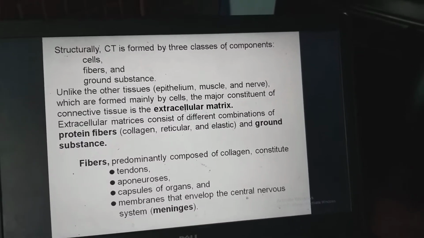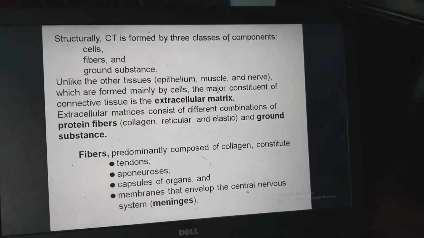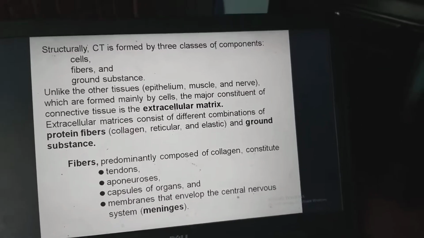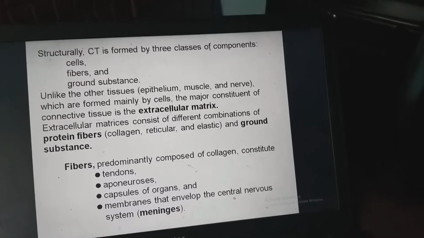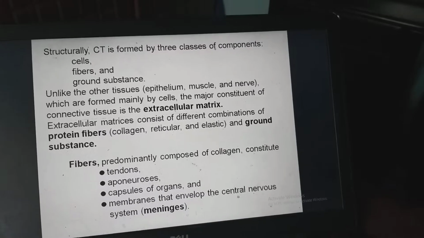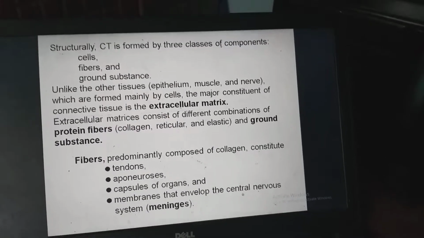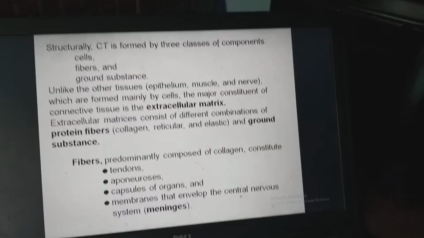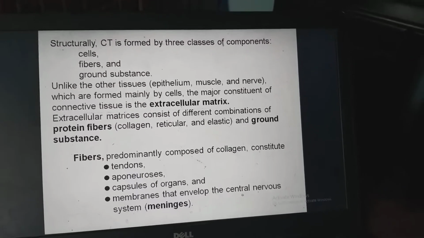The other is ground substances. These ground substances are special types of structure which form connective tissues. There are three major ground substances. These are glycosaminoglycans or GAG, proteoglycans, and the glycoprotein.